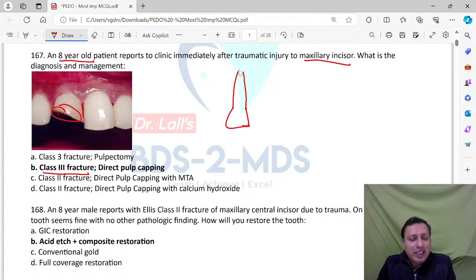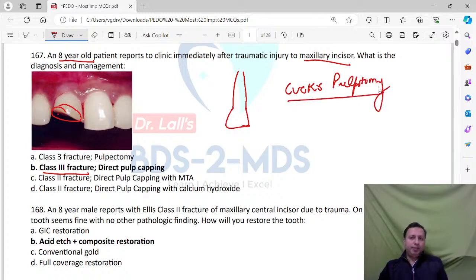So in this case we need to do a procedure, and that is basically called Cvek's pulpotomy. Okay, that is called Cvek's pulpotomy, that leads to apexogenesis.